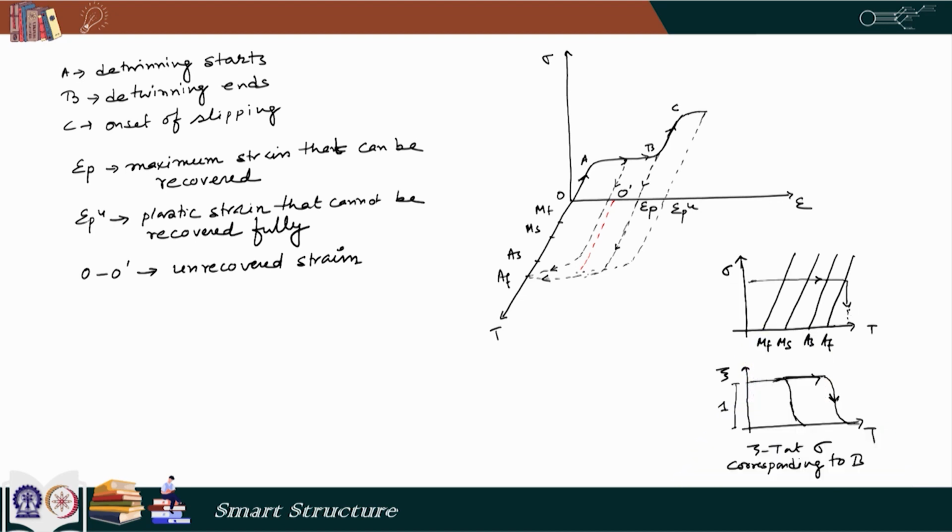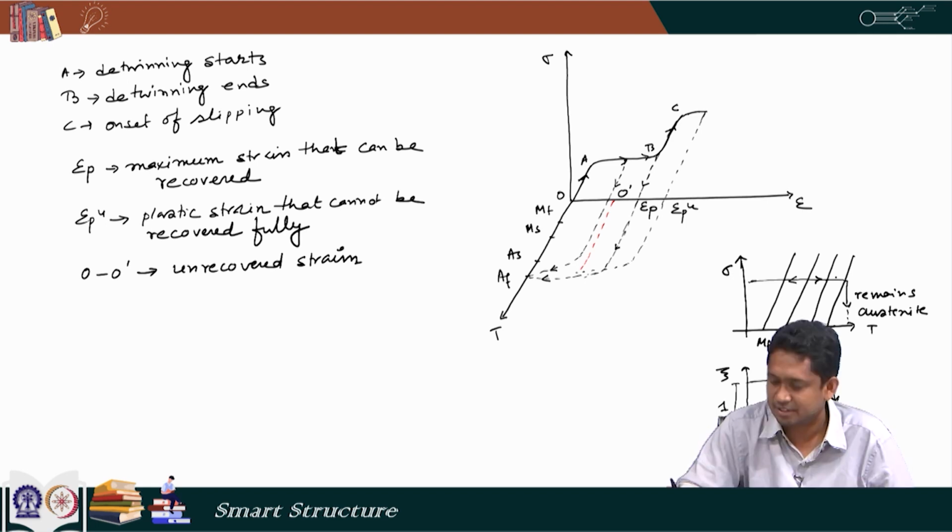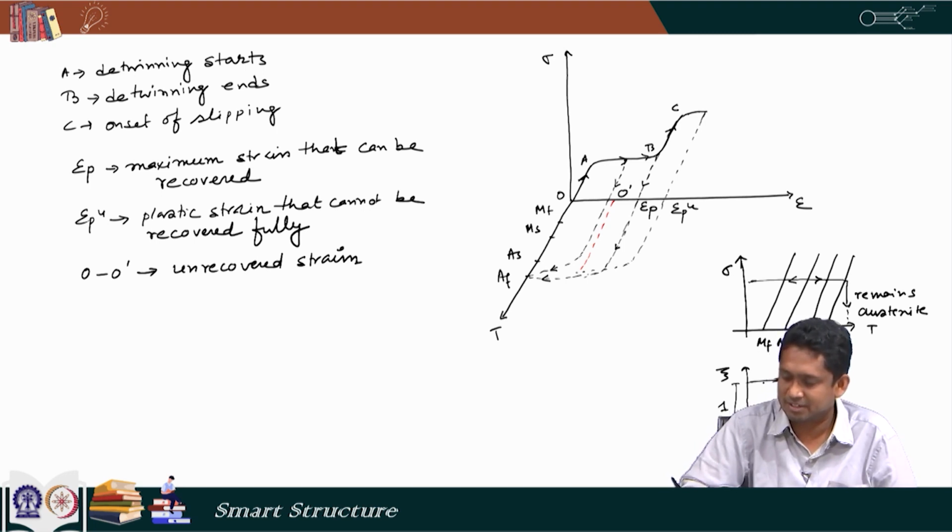So, no more change takes place. However, if I reverse the temperature from here, as we discussed, then the material becomes again stress induced martensite, and this point B is again achieved. So, the stress and corresponding strain remain of this amount.